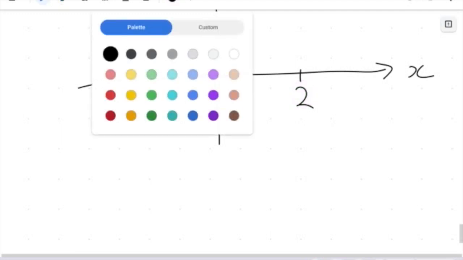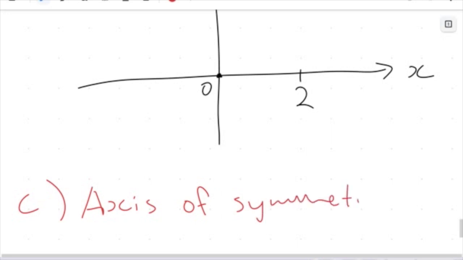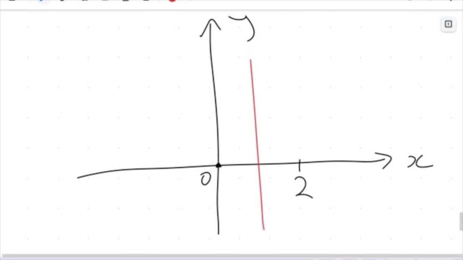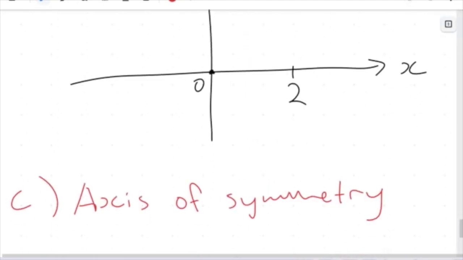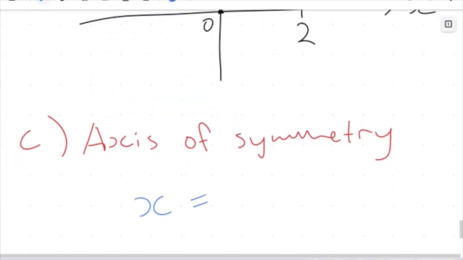So for part C, my axis of symmetry is going to be a vertical line. So it's going to be in the form of x equals something. And my x value, where the axis of symmetry will lie, is going to be the average of 0 and 2. And I find the average of two numbers by adding them together and dividing them by the number of numbers there are.